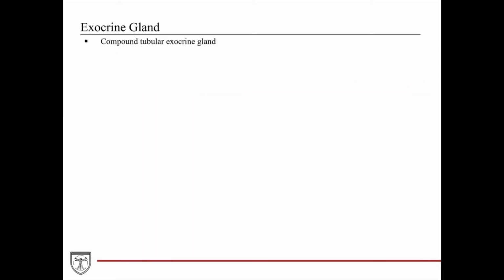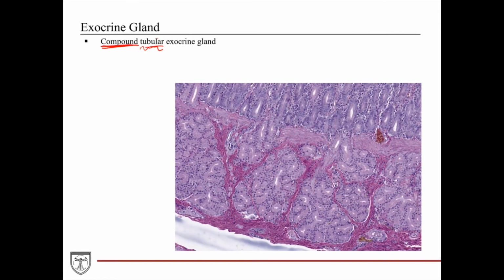Now on to the compound tubular exocrine gland. Whenever we hear or see compound, it should immediately indicate that we're now talking about a much larger exocrine gland that has many ductal systems that drain appropriately shaped secretory units, and in this case, tubular secretory units. That's what we see here. Here is a group of secretory units that are all packed together.